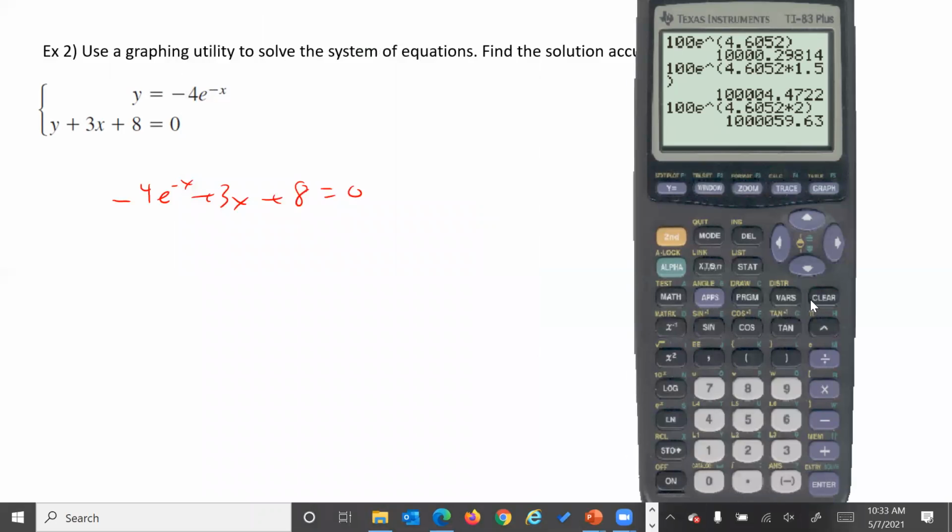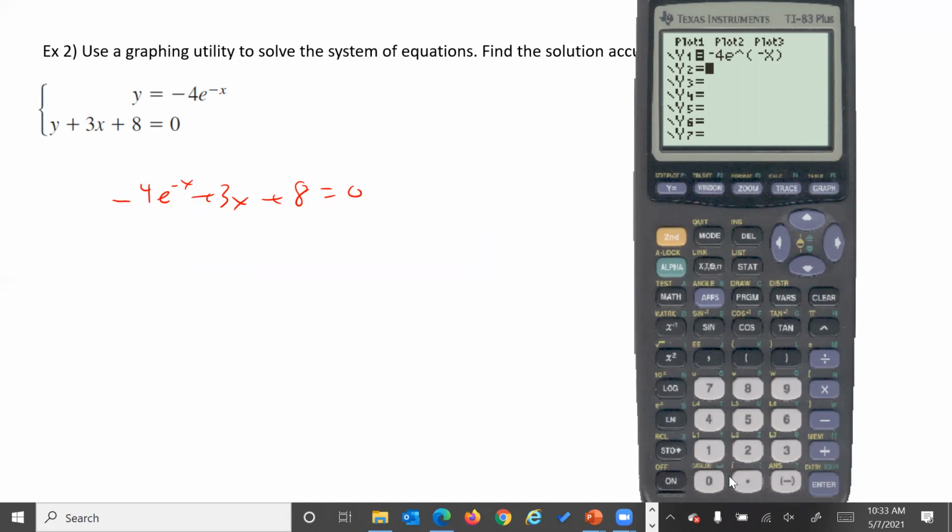Clear, and go to y equals, and it's going to be -4. The E button is right here next to ln. So E button, ln, to the -x. Now careful of the difference between a subtraction symbol and a negative symbol. We use the same symbol, but they totally mean different things. So -4 e to the -x.